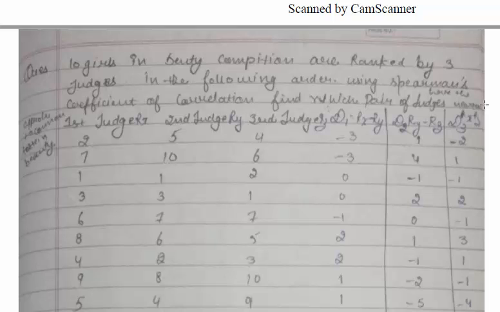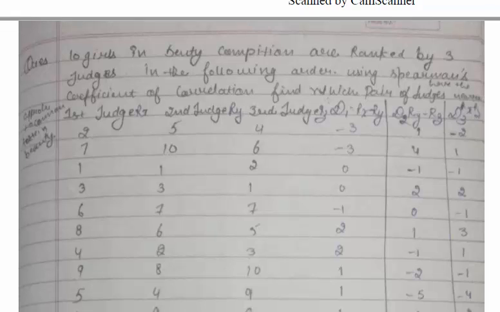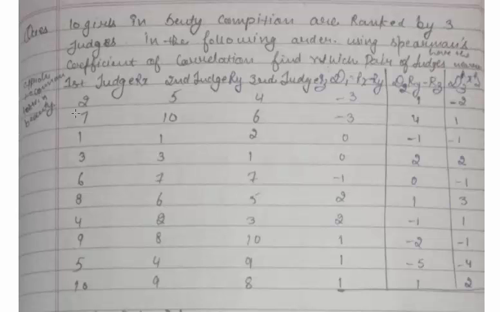So to find the rank correlation, let the ranks given by the first judge be represented by Rx: 2, 7, 1, 3, 6, 8, 4, 9, 5, 10. The ranks given by the second judge are 5, 10, 1, 3, 7, 6, 2, 8, 4, 9. And the third judge gives these values: 4, 6, 2, 1, 7, 5, 3, 10, 9 and 8.